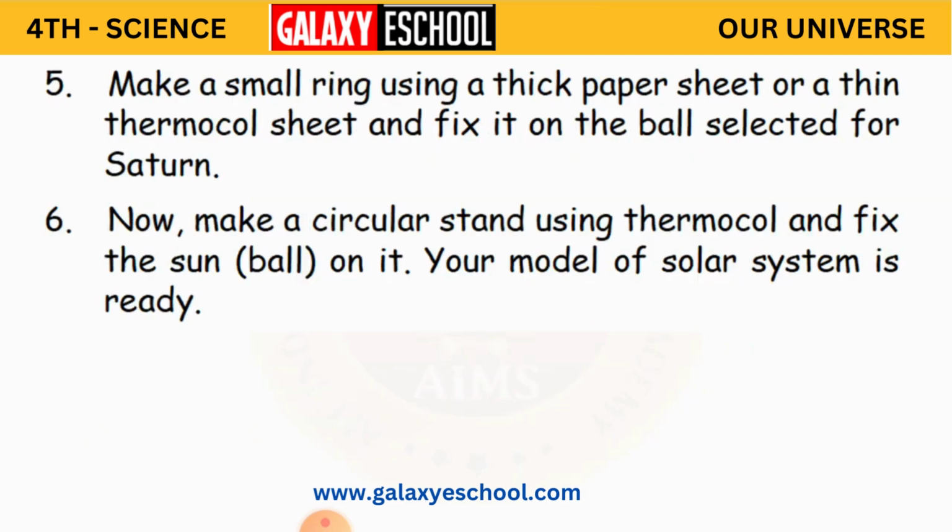Because Saturn has a ring, children, you have to make a small ring. Now you can make a circular stand using thermocol and fix the sun ball on it, and your model of the solar system is ready.